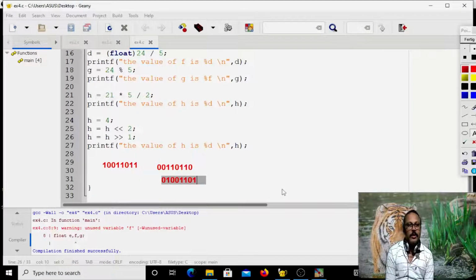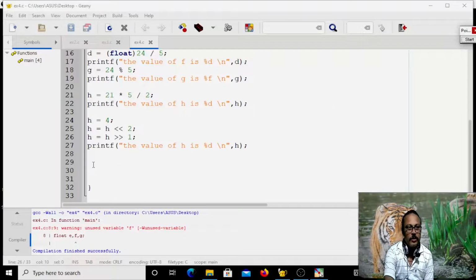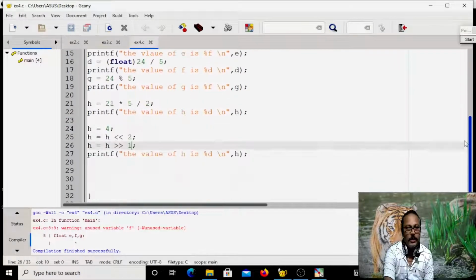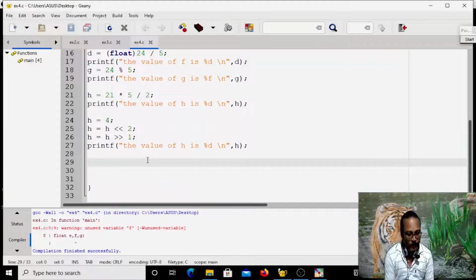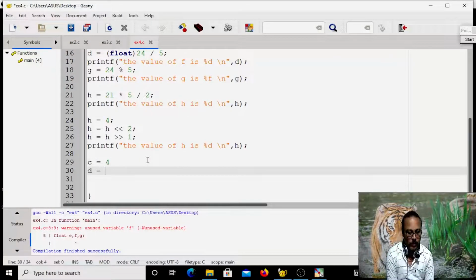Okay. Shift, logical and bitwise and. Let me show it also. We'll consider C and D. C equal to say 4. D equal to 8.